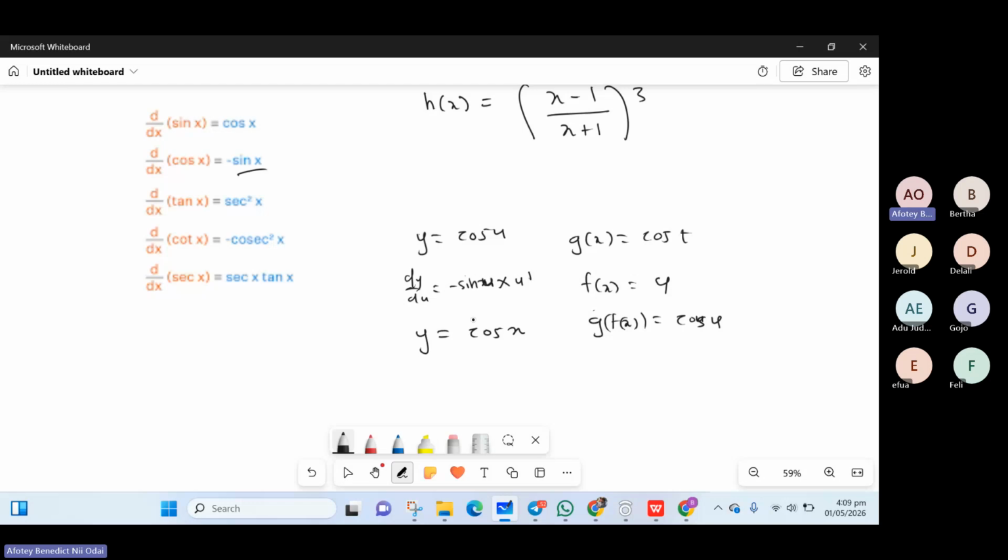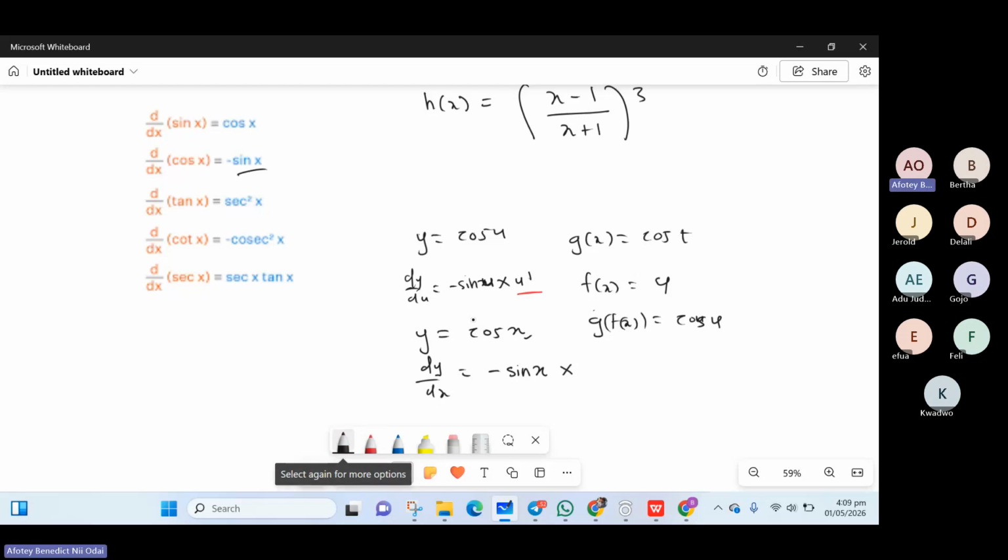Now, as I was saying, in the case of differentiating with respect to x, we get something similar. dy on dx is equal to, again, we differentiate the outer function, which is what? Negative sine of x times the differential of the inner function, which in this case is x.